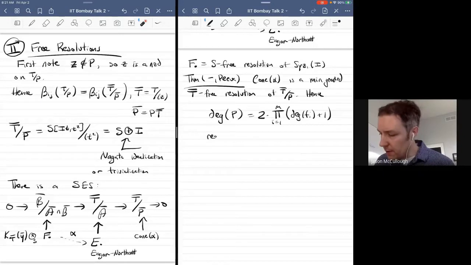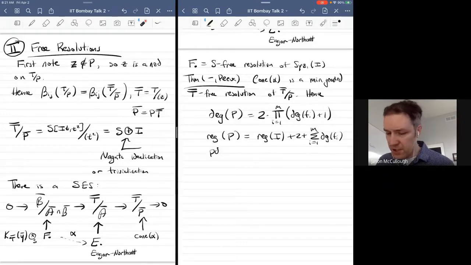The regularity of P is the regularity of the original ideal plus a correction involving the degrees of the original generators. The projective dimension of the quotient is the projective dimension of the original quotient plus the number of generators minus 1, and the codimension is exactly m.